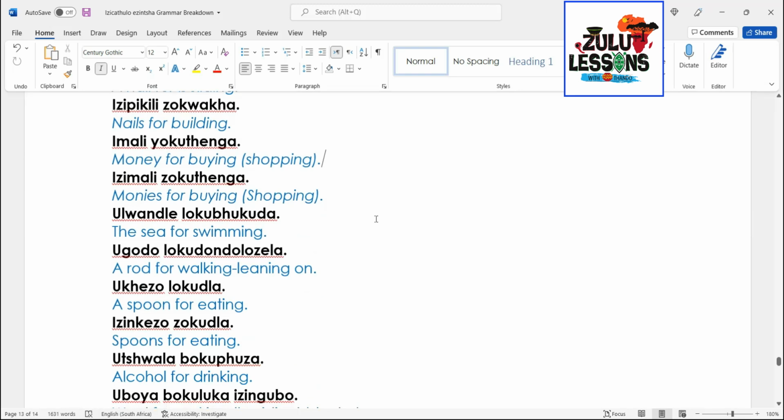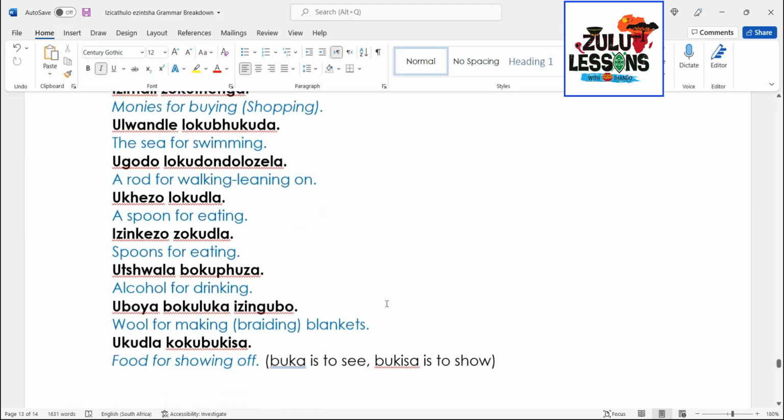Ulwandle lokubhukuda, so the sea or the ocean for swimming. Yes, funny, silly examples, but you get the point. I wanted to make as many, so you've got plenty here that you can look at. So you can then also separate them. So go back in reverse and say, wait, loku dondolozela, what is this now?